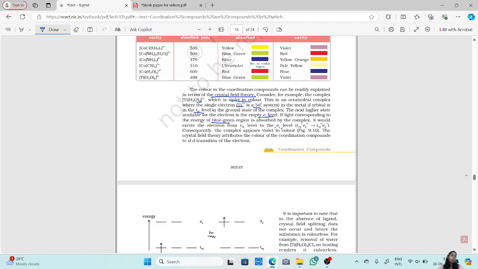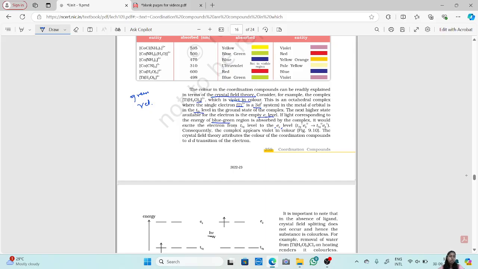For example, above we have seen that if the light absorbed is green, it appears to be red. Similar thing is here. The complex absorbs the light in the region of blue to green.